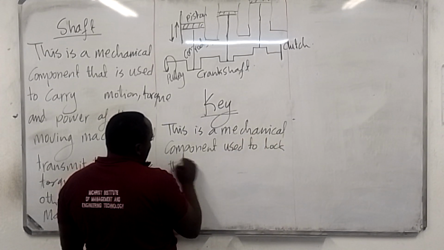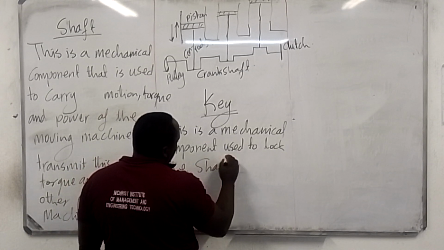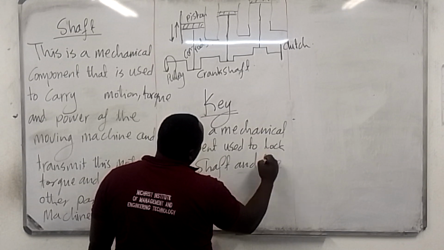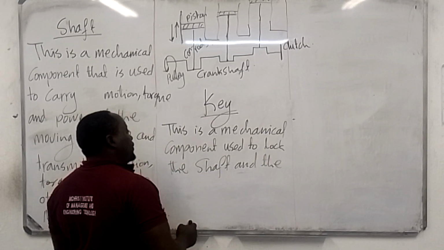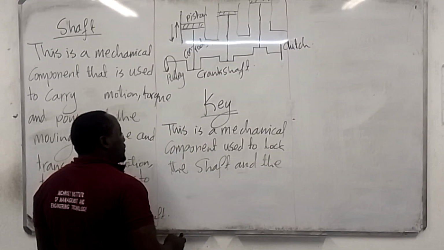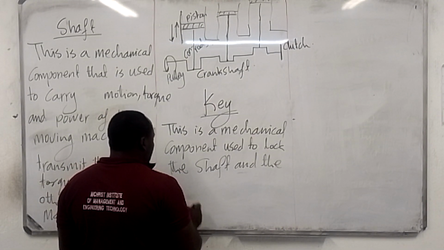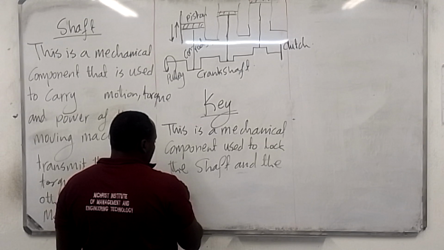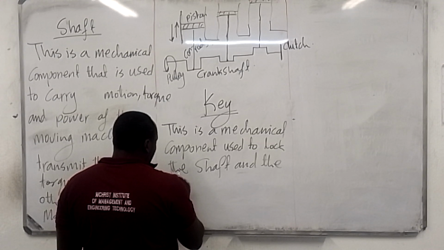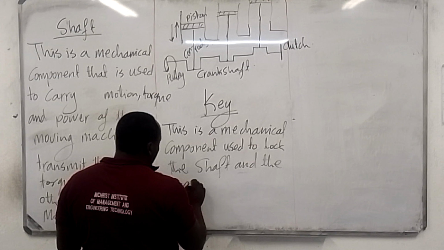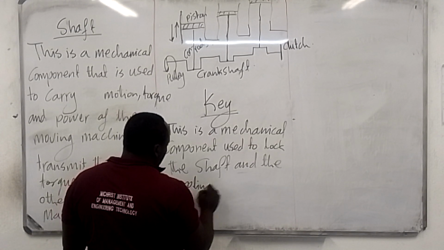So then slippage between the shaft. No, not that one. We're talking about the key on the shaft, not the one to unlock your door. Shaft on the coupling. Because it doesn't lock. No, it can lock a clutch. The clutch is a coupling.